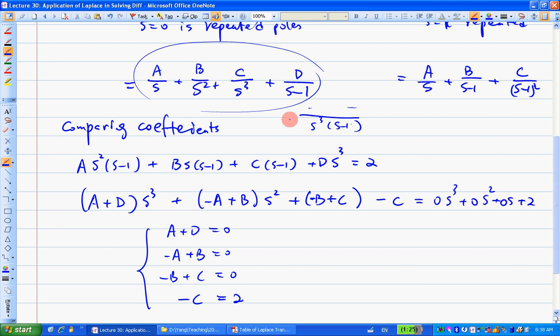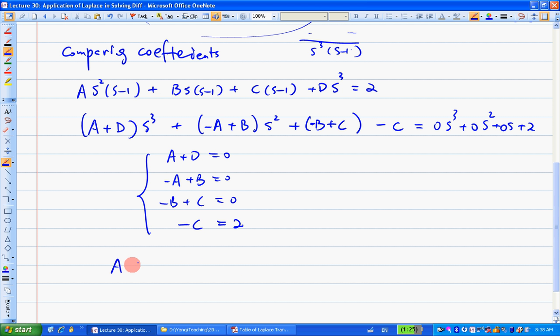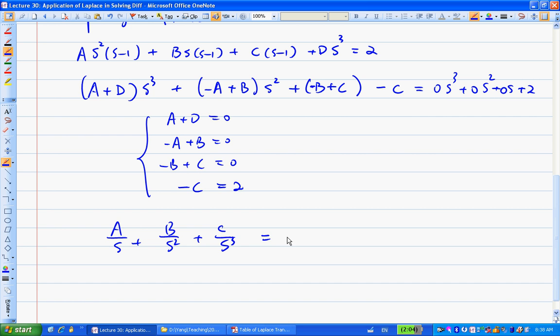Multiply that denominator by each, not multiplied by this denominator. So let's maybe just take this guy here: A over s, B over s squared, C over s cubed. When I put this back into fraction format, the denominator will be just s cubed.